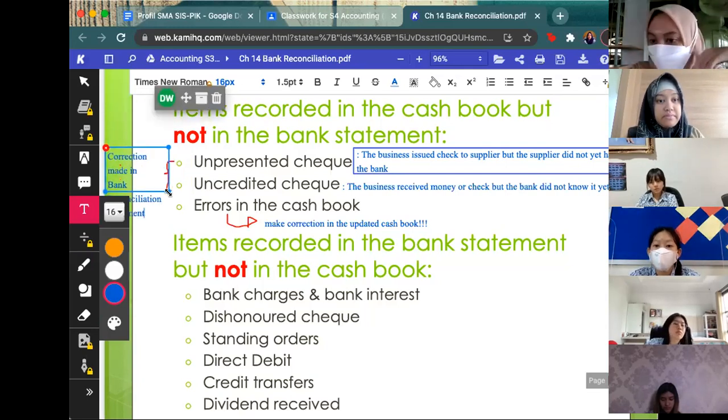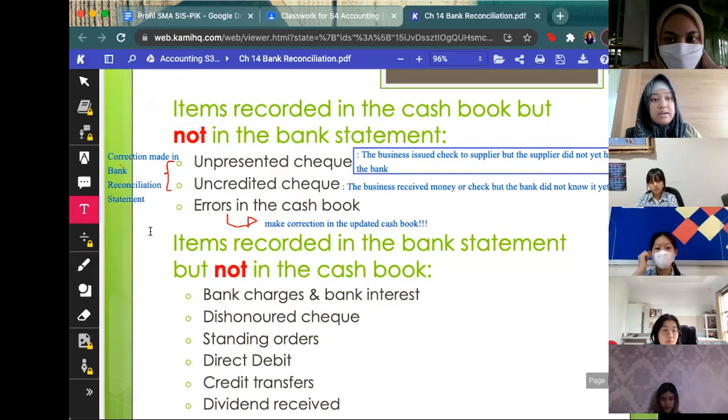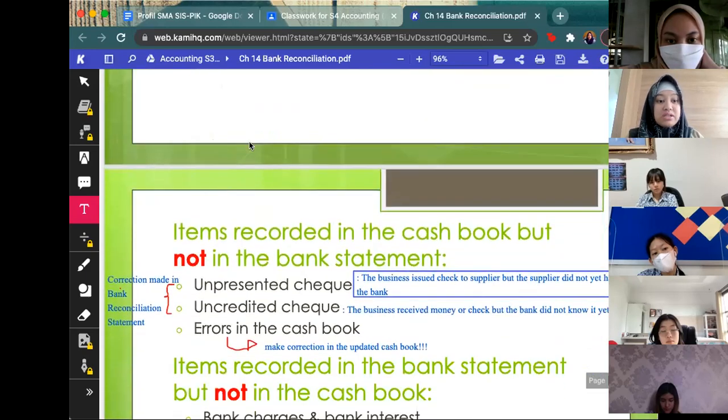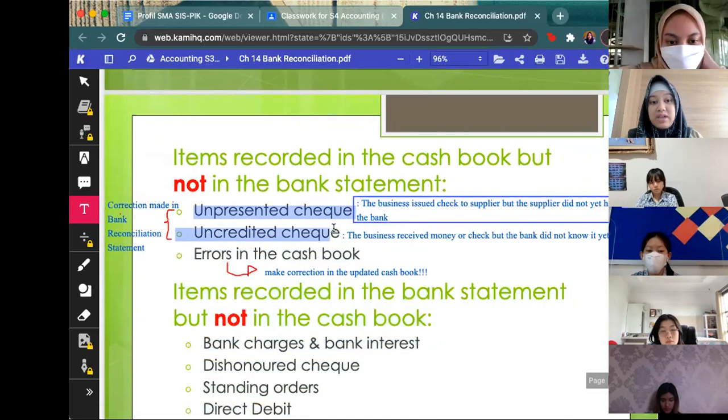Why do you make these corrections in the bank reconciliation statement? Because the bank statement is the one that has not yet recorded it. When we make corrections on the bank statement, we call it the bank reconciliation statement. So see the difference here? When you see an unpresented check and an uncredited check, the one that you need to update is the bank reconciliation statement.